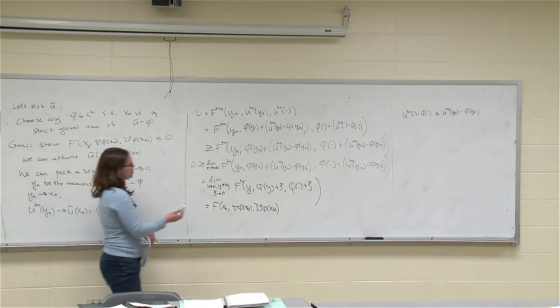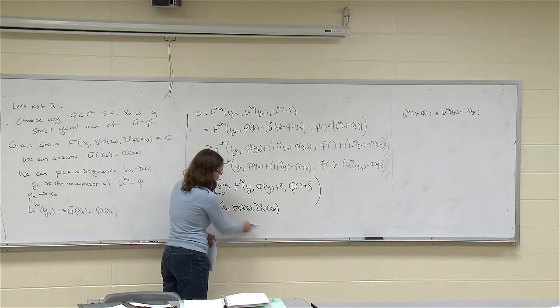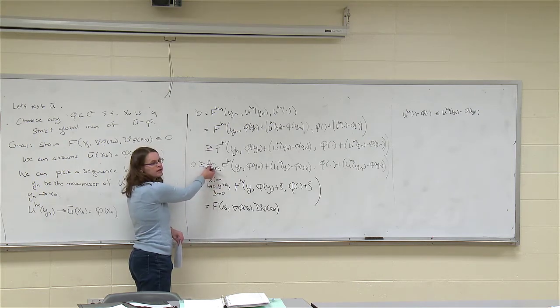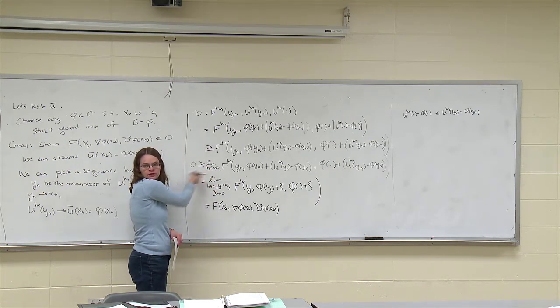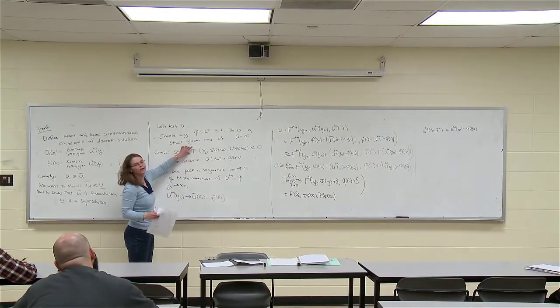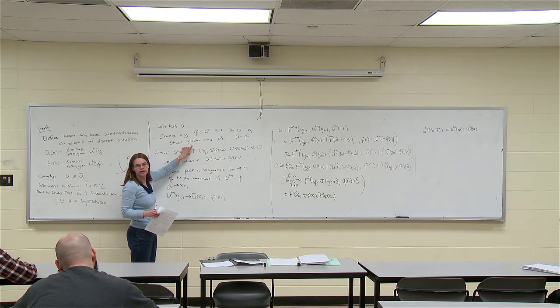Right, so if I trace this back, what have I shown? I found that F, when I plug phi in, if I walk up here, is less than or equal to 0. That was my goal. We said if we can show that, we're done.